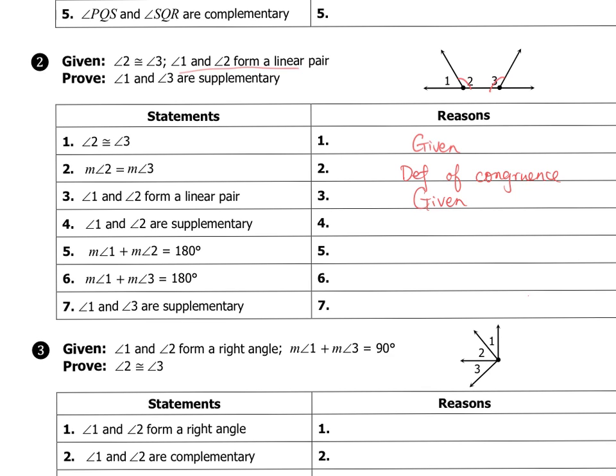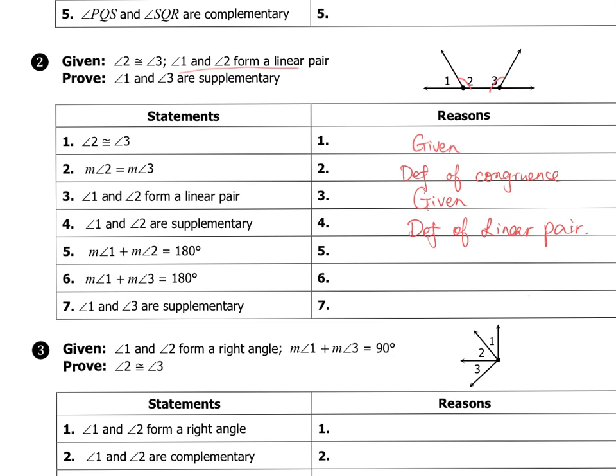Yeah, it's actually definition of linear pair, because it says that if I have a linear pair, they have to be supplementary, or they have to add up to 180 degrees and be adjacent, right?